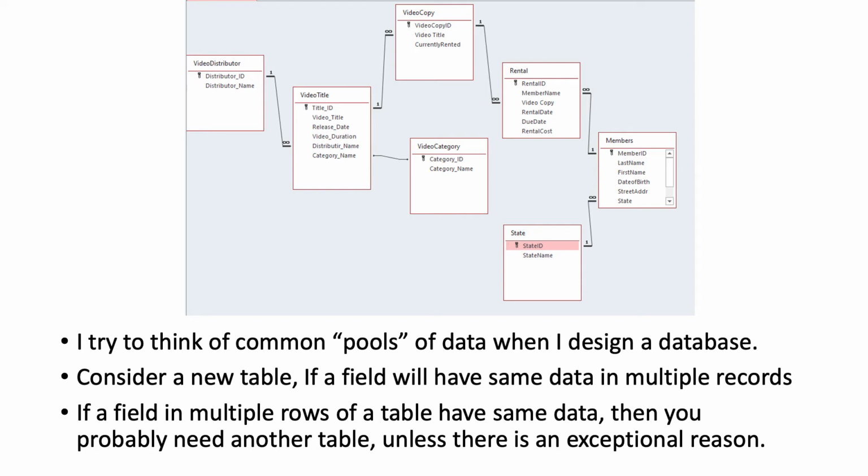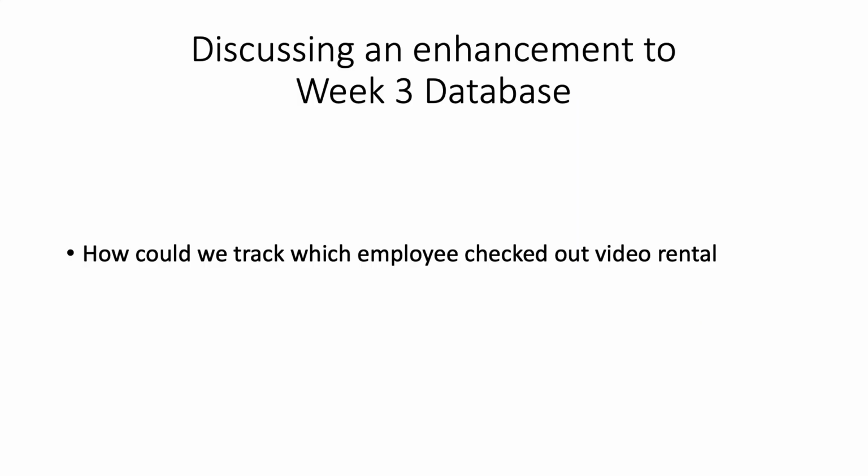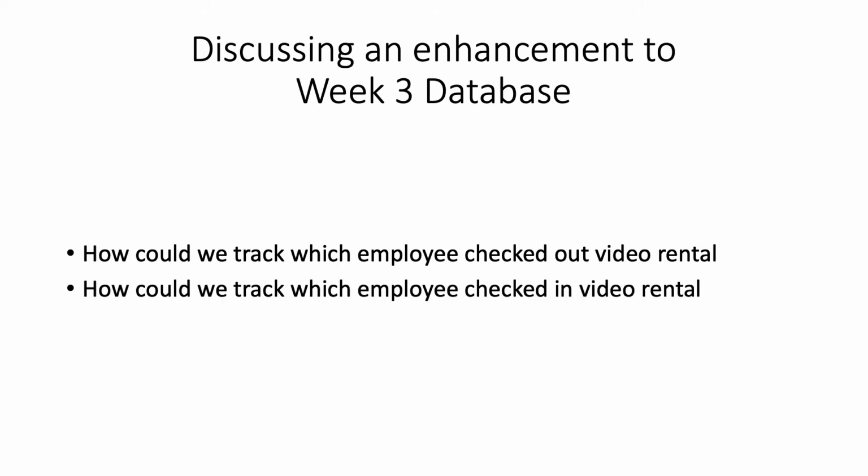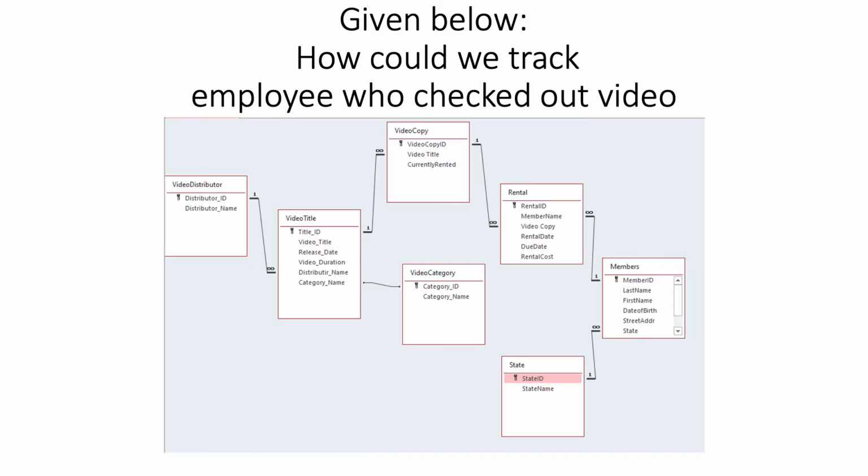So, discussing an enhancement to a week 3 database. They didn't cover this in the lecture, but let's figure out how we would track what employee checked out a rental. Okay. And what if we wanted to keep up with which employee checked the rental in?